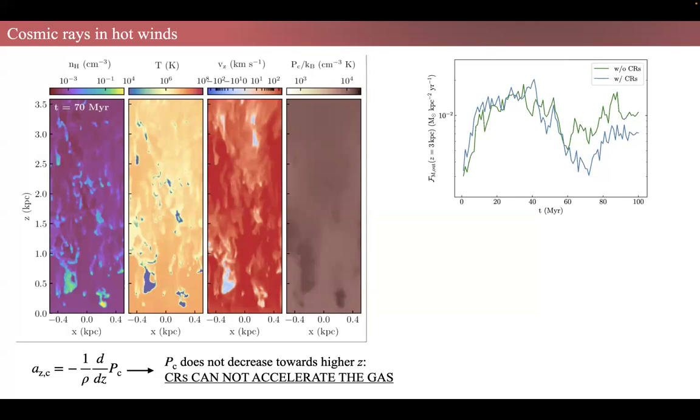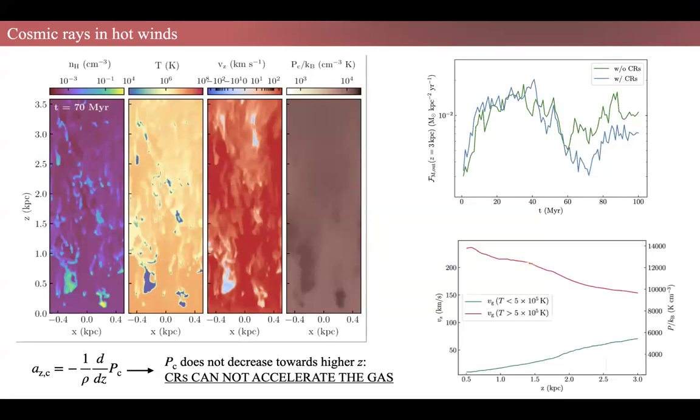So in order to understand such behavior, let's think of the main process driving cosmic ray transport here. Most of the gas is hot and fast moving, and as we saw in one of the previous slides, in this regime, cosmic rays are mostly advected by the high velocity ambient gas.